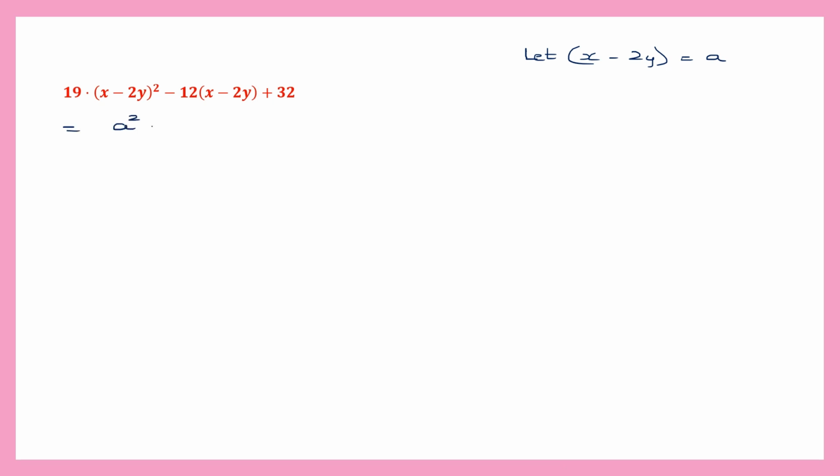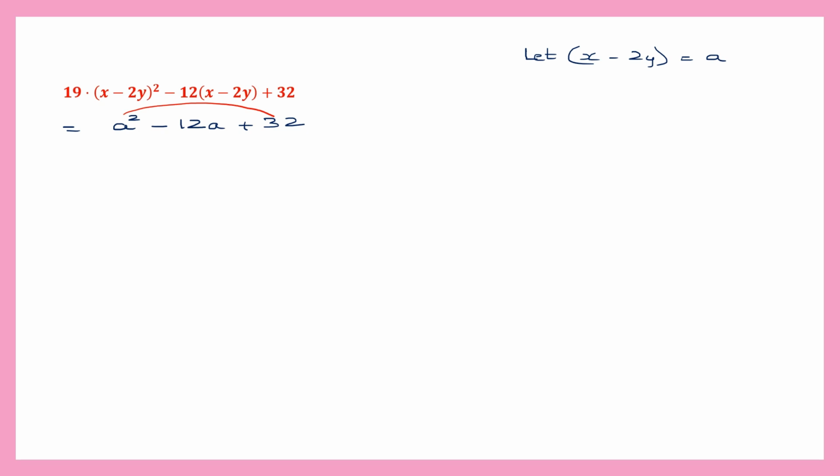A square minus 12 we write as it is, and in the place of x minus 2y we are going to write a. So that will be 12a plus 32. So now we are going to take these two numbers, multiply in such a way that we get this 32 as the product and minus 12 as the sum. So let's take 32.